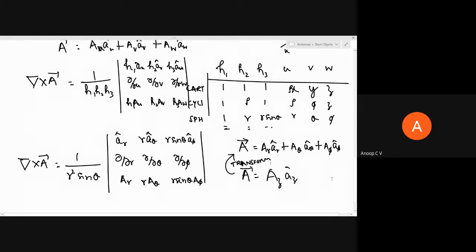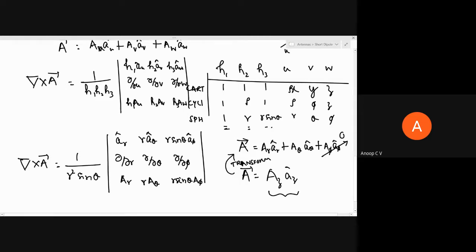As it has only a z component, straight away I can write that the phi component will be 0. Why? Because z and phi are perpendicular to each other.